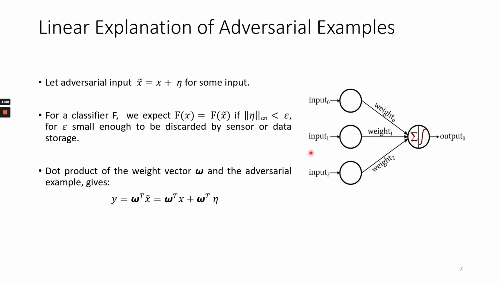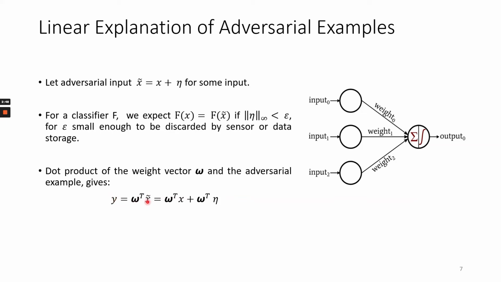If we consider a simple linear model over here, the basic perceptron, we can see that it is given by the summation of the input multiplied by its weight. The weights in our case will be given in a vector represented by omega. This is our weight vector, and if we multiply it with our input, which is x tilde, we will have our output y.